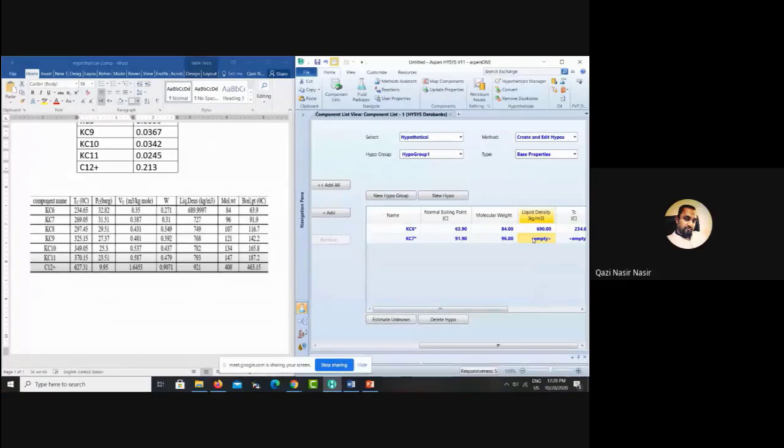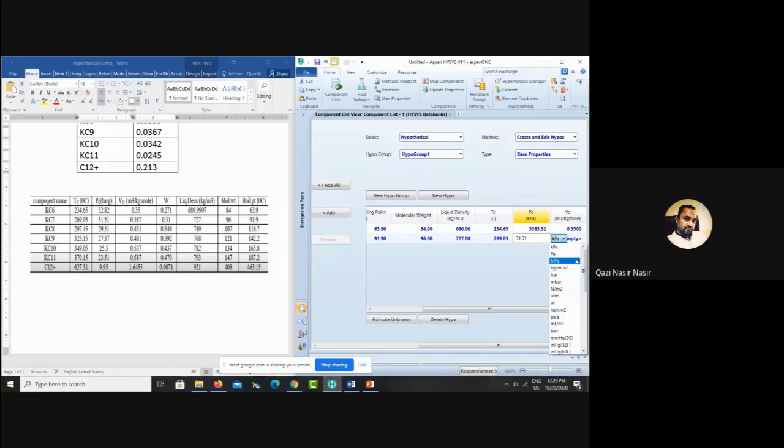That's good. Then the liquid density is 727 kg per meter cube. Critical temperature is 269.05. Critical pressure, make sure it is in bar G. Here it is mentioned in kilopascal. You can make mistakes here, so make sure you don't make mistakes in unit conversion.